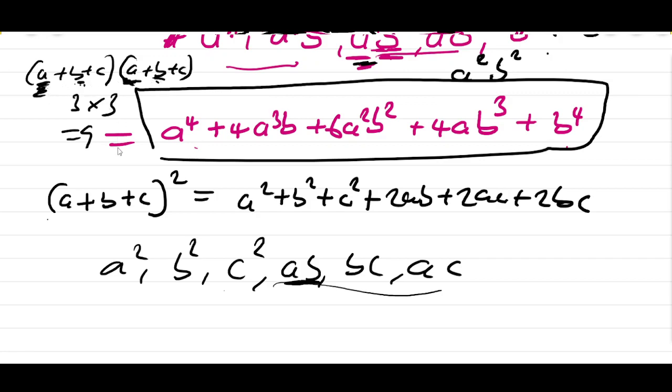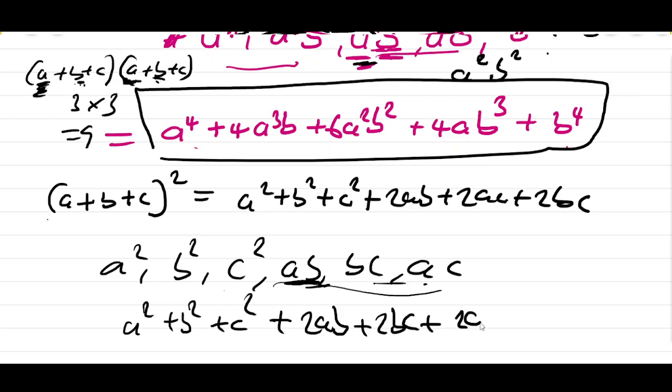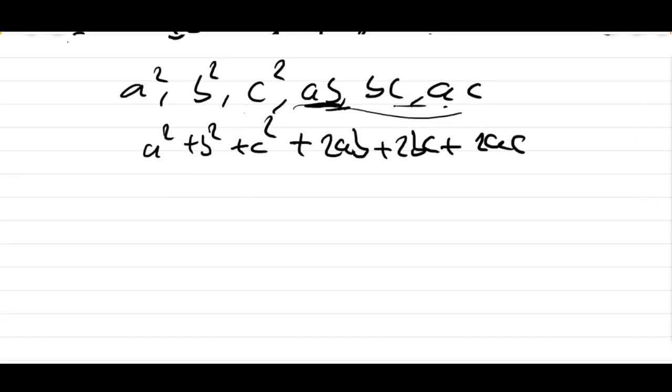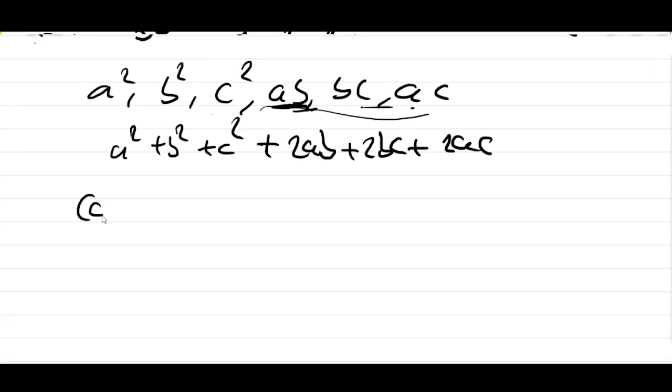So we can form ab or ba. So each of them is done 2 times, and we have a squared plus b squared plus c squared plus 2ab plus 2bc plus 2ac. So that is the general expansion. And using this approach, you can obviously expand a plus b plus c all to the third power.